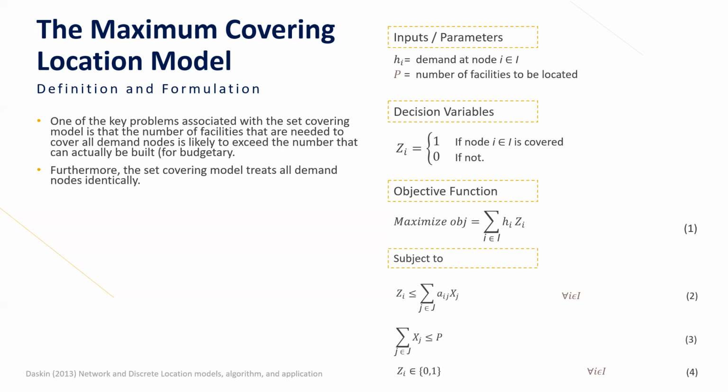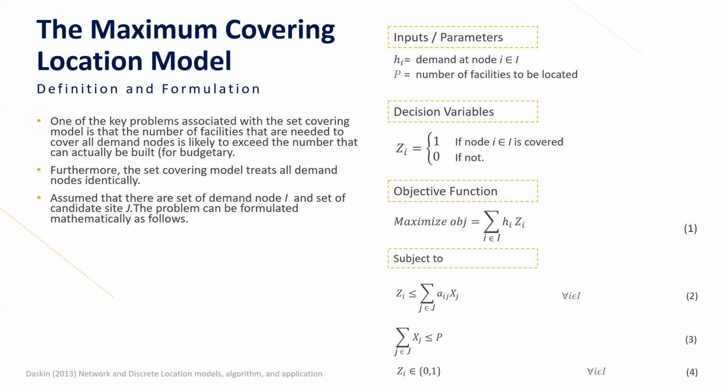We consider that this demand will be covered by the facility that we select as a decision variable. But the number of facilities that can be selected is limited. The number is defined as P here. You can only select P facilities.